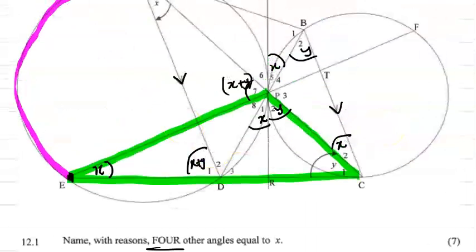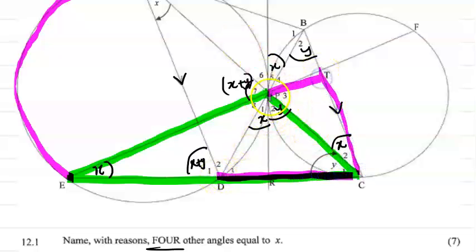DCTP will be the following figure. There you go. But remember that the opposite angles of a cyclic quadrilateral are supplementary. Now let's go and see that.